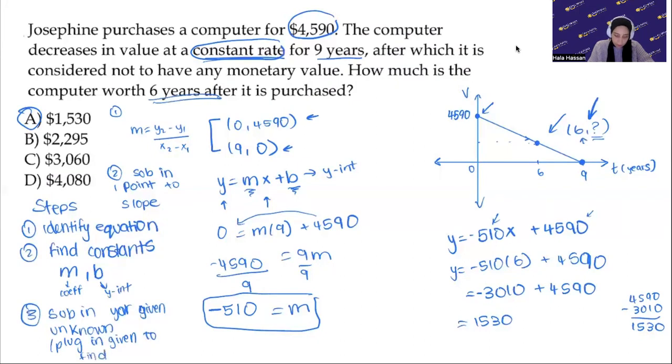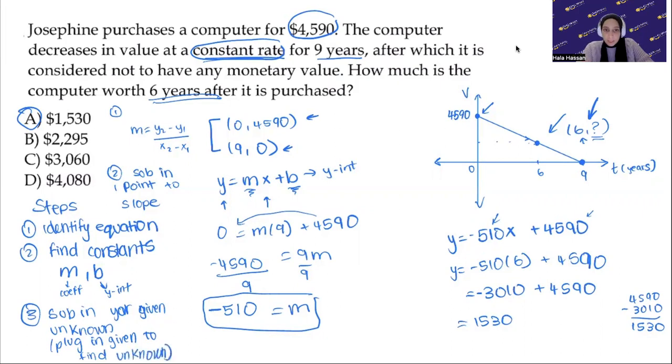Because sometimes you could be given the value, right? You could be given, so the value of the computer at some year is 1,530. What is that year? That's why I'm not saying sub in, plug in your x or whatever. I'm saying plug in what is given to find the unknown, because it depends on what the question is asking. To find unknown. Okay.